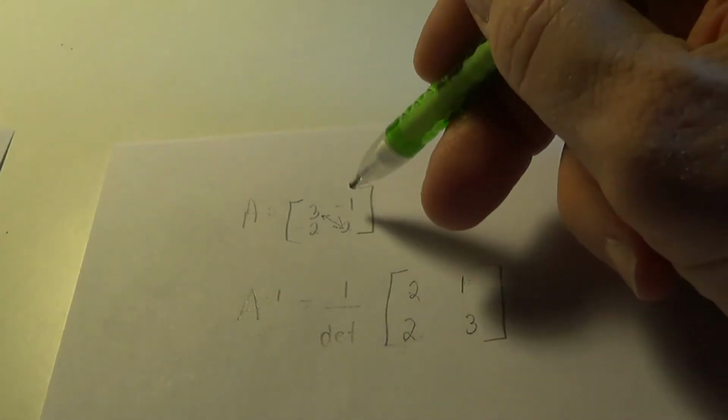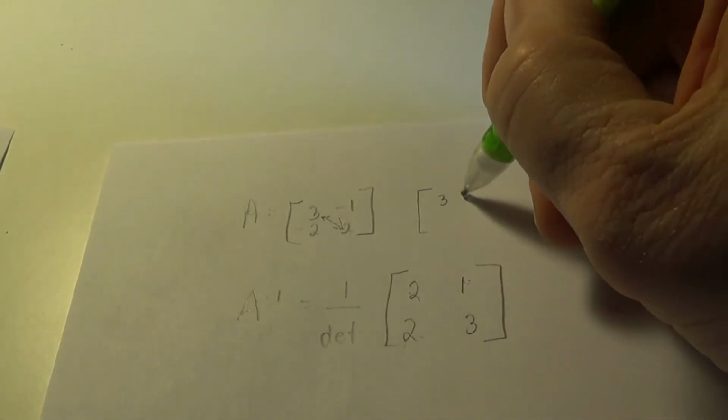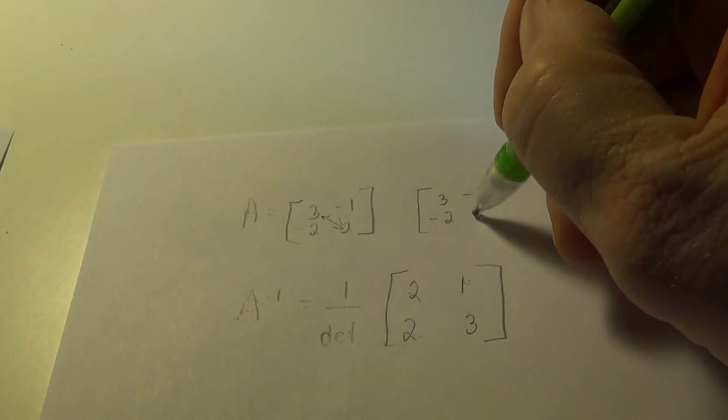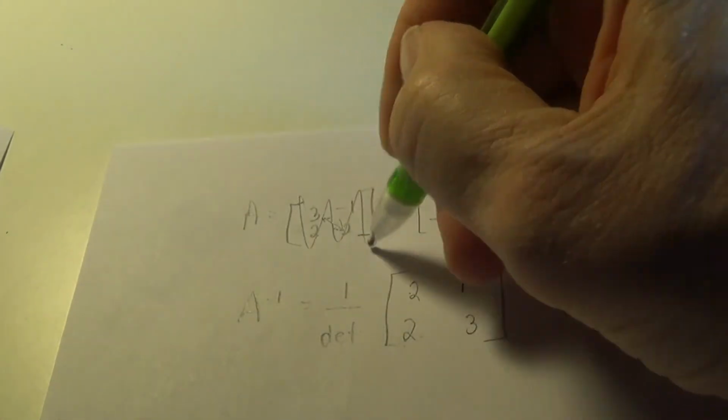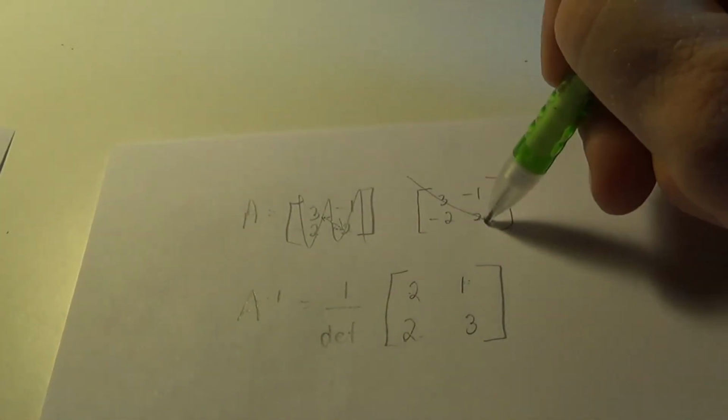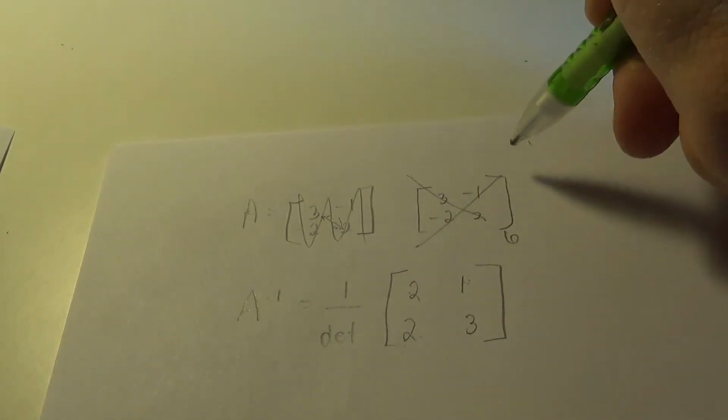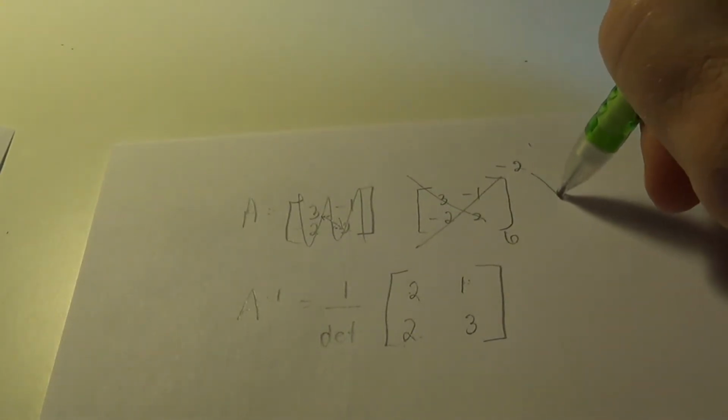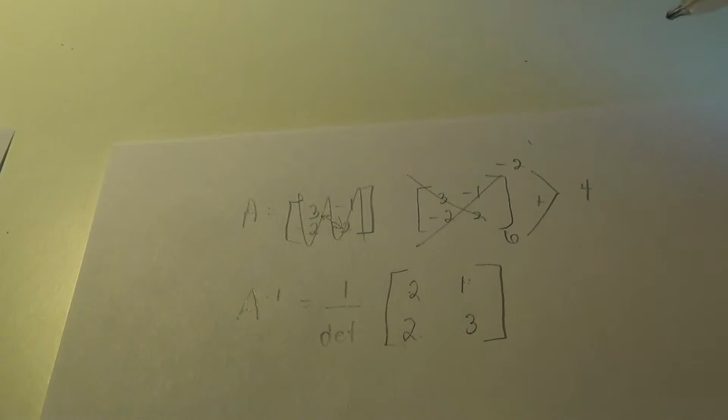All right, what is the determinant of this? I'm going to rewrite it since those arrows are kind of in the way. So what is the determinant of this? 6 and a negative 2 will add up to give me a 4. Wait, the determinant is 6 minus negative 2, which is 4.